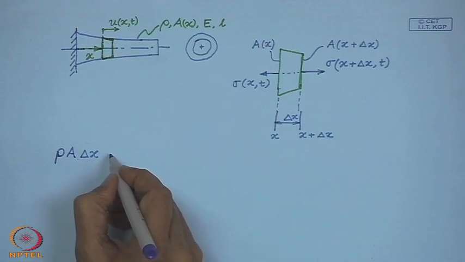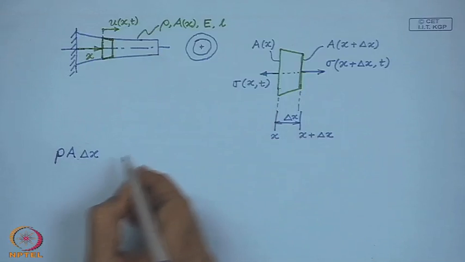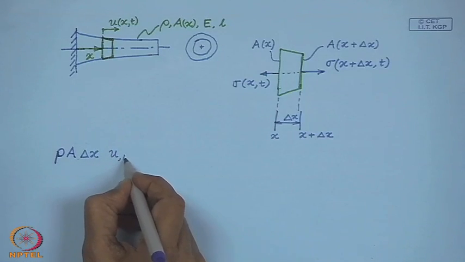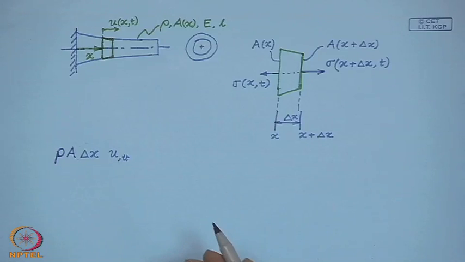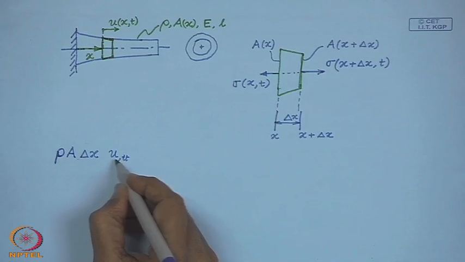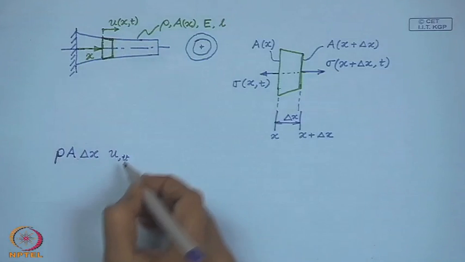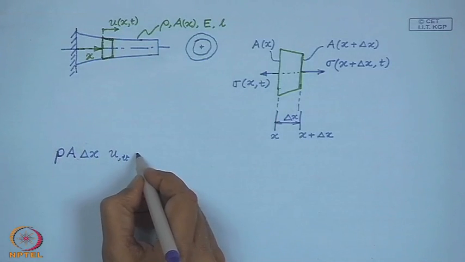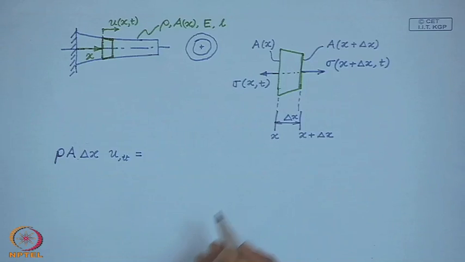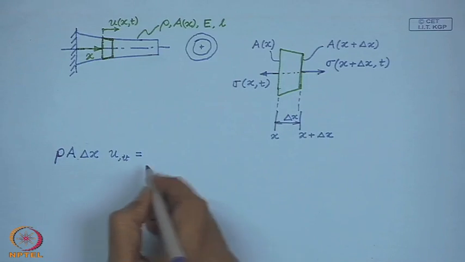This mass times the acceleration in the longitudinal direction, that is the double derivative of the field variable u with respect to time, that must be equal to the forces in the longitudinal direction.